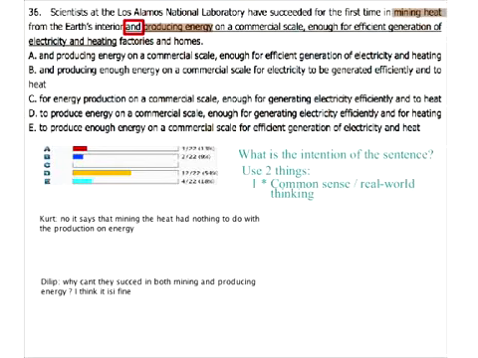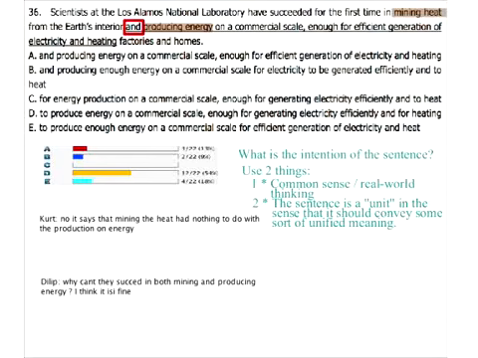It should convey some sort of unified meaning. You shouldn't have a sentence that winds up being disjointed and disconnected. So when Kurt points out that mining the heat and implies that mining the heat has nothing to do with producing energy, that's not reasonable given that this is a sentence.